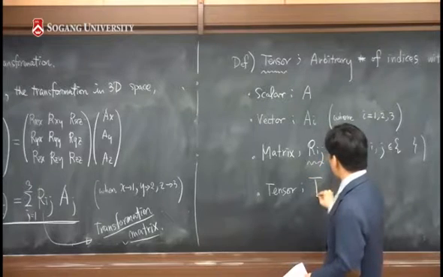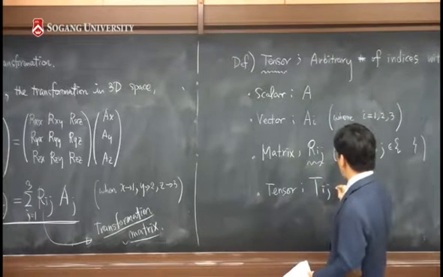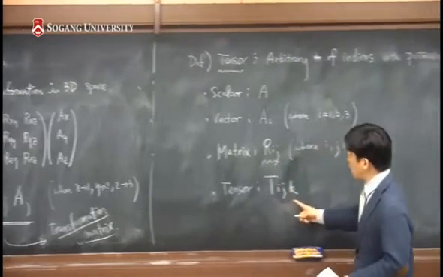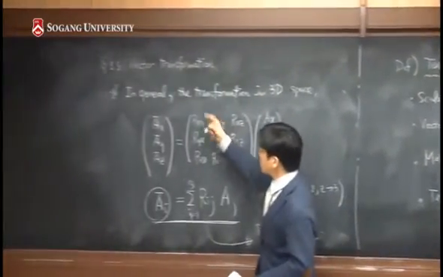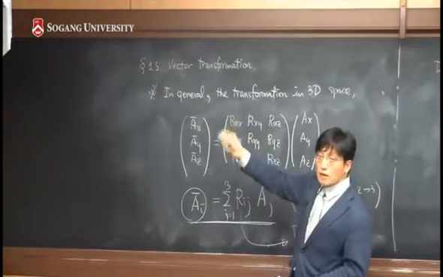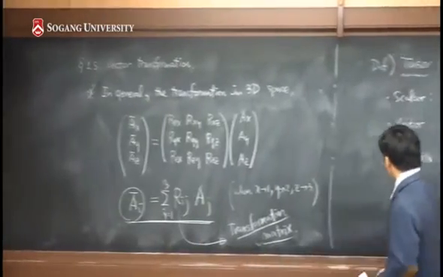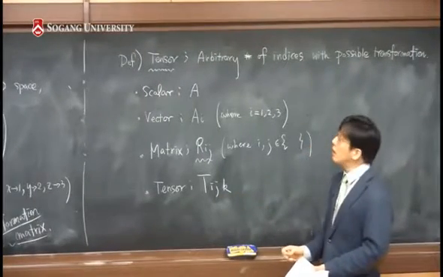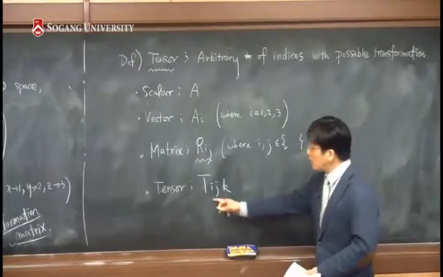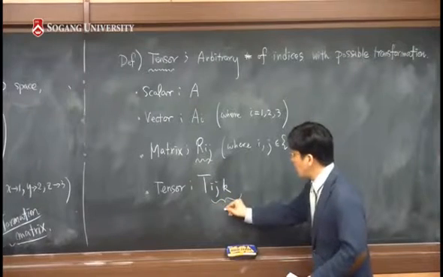It is an object that has more indexes, so there can be two directions, and there can be a third direction, and a fourth direction, and so on, so that it can have many indexes, and the number of indexes is called the rank.